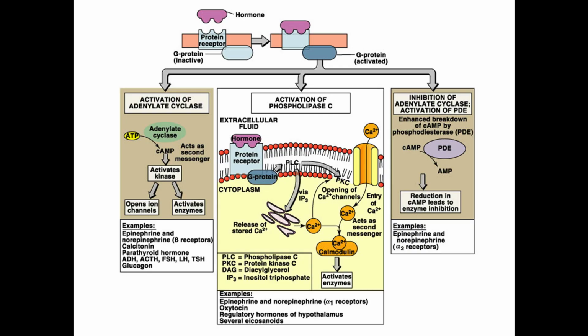On the other hand, G protein also inhibits the adenylate cyclase. In the first case it can activate, or on the other hand, it also inhibits the adenylate cyclase. It activates the PDE, so it enhances the breakdown of cAMP, cyclic adenosine monophosphate, by releasing phosphodiesterase. This phosphodiesterase breaks down the cyclic AMP and forms adenosine monophosphate only.